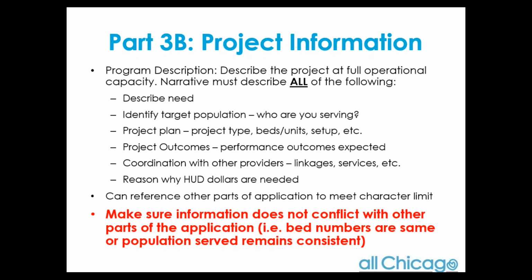You can definitely reference other parts of the application, but you want to make sure that information does not conflict with other parts of the application. So make sure that your bed numbers are the same or your population served remains consistent throughout your application.